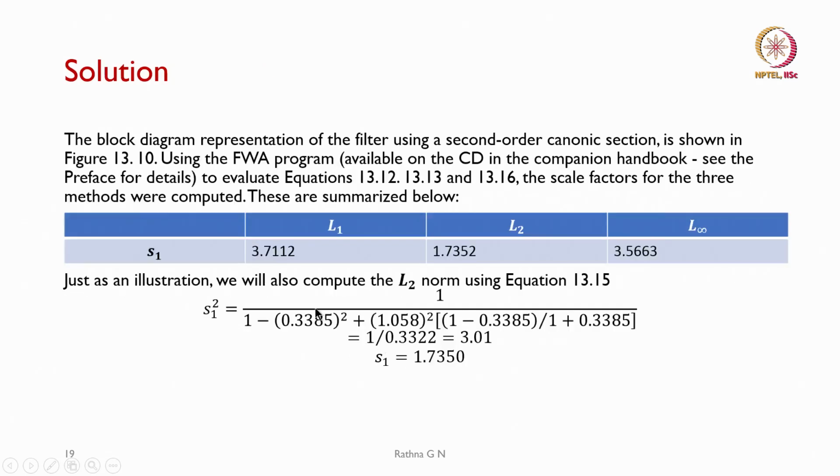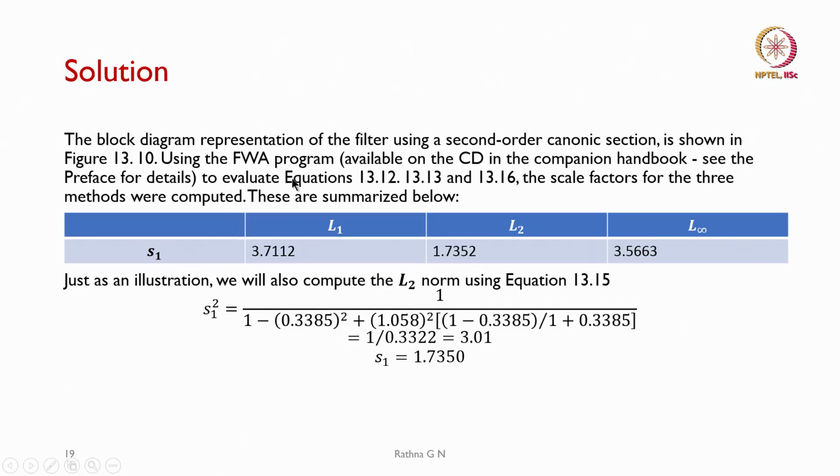Either using a flow diagram, you can use flow analysis, or you can use the companion CD of the book. You will be getting the codes for this program and then you can run it.